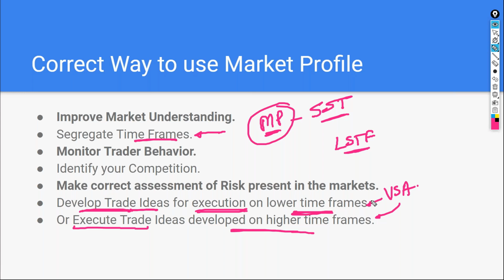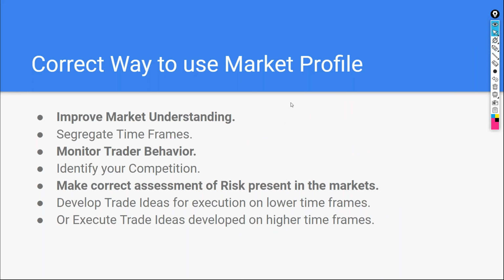So I look at a weekly chart, I develop a trade, I look at daily chart, I wait for the right moment or when everything is setting up correctly, and then I execute my trades on market profile chart by finding the lowest risk entry so that my initial risk is low. I can do that also. So market profile can help you do both things depending on your time frame.